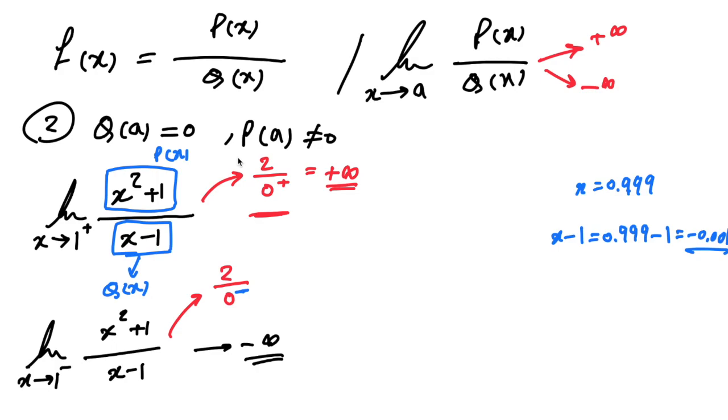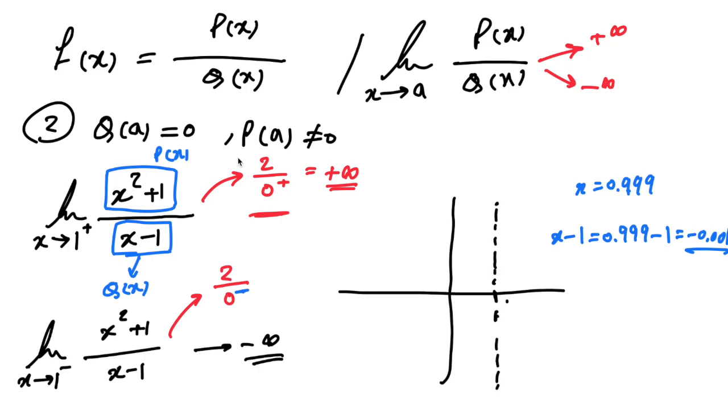Yes, so that's how it is. And the graph of the function at x equal to 1: in this case we say x equal 1 is the vertical asymptote for this function. If you're going to draw it, I'm just going to draw this function around x equal to 1, not the other parts. We have just information about the limit at x equal 1.